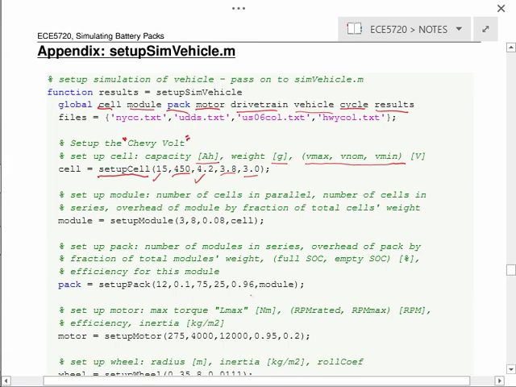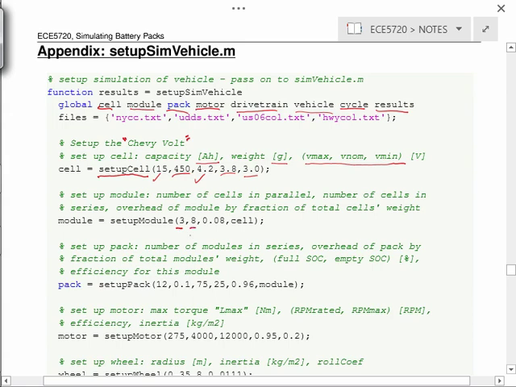Now we're going to set up something called a module, a data structure called module, which has the number of cells wired in parallel, the number of cells in series in a module, the overhead of a module by weight, as a fraction of the total cell's weight. So when we set up the module, there's 3 cells in parallel in a Gen 1 Chevy Volt.